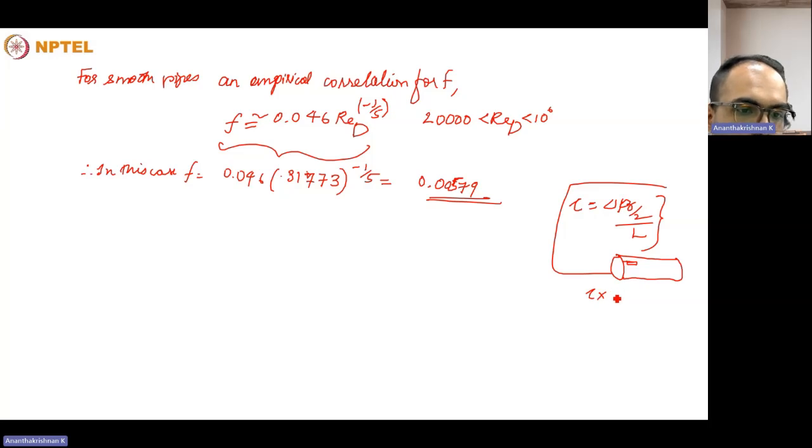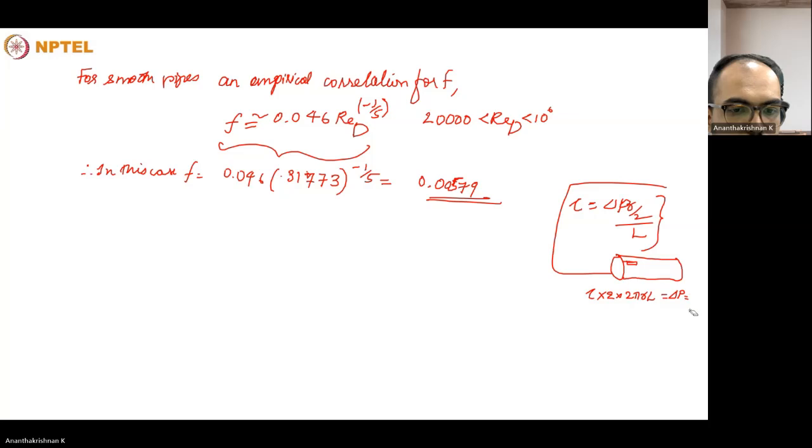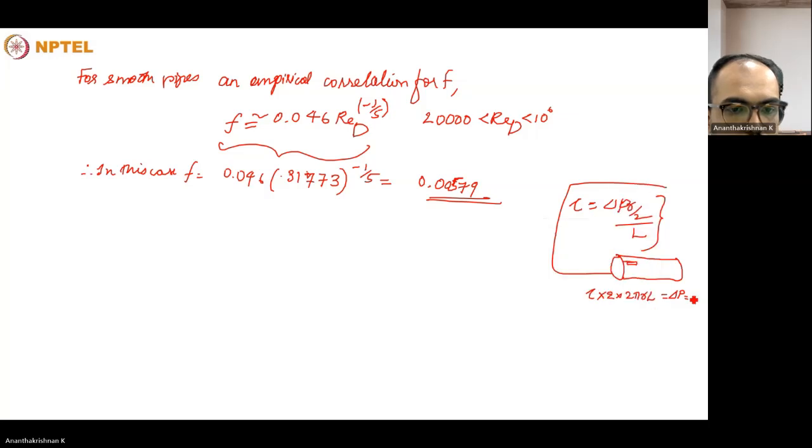So the shear stress multiplied by the surface area on which it acts, that will be 2 pi r into L on the outer and inner side, will be equal to the pressure drop into 2 pi r dr.